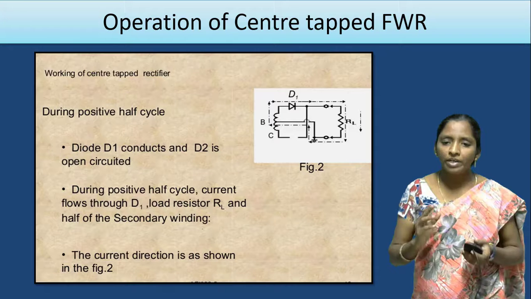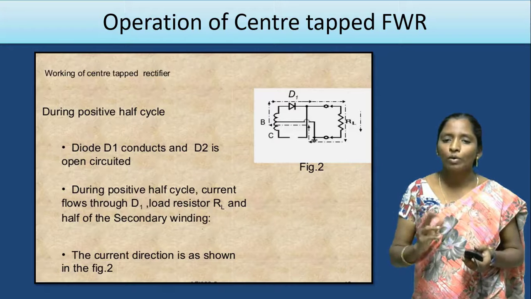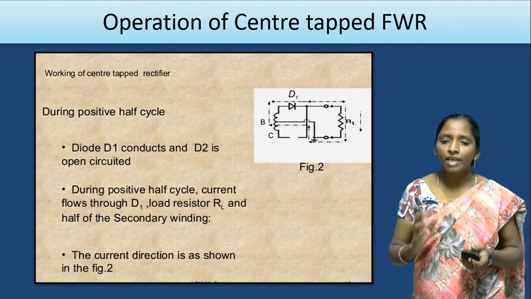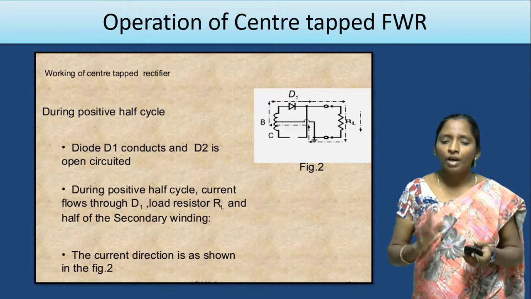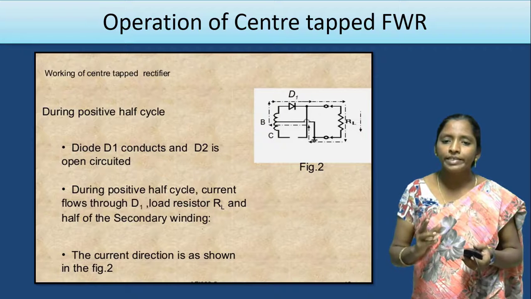If D1 is on, it acts as a closed switch, and D2 is off means it acts as an open switch. So during the positive half cycle, the current flows through the diode and load resistor and then to the upper half of the center tapped secondary transformer.